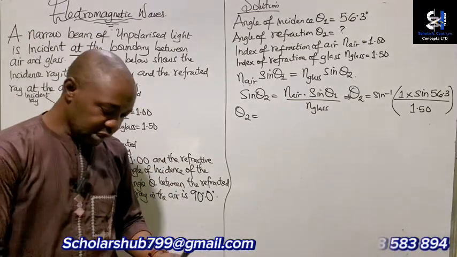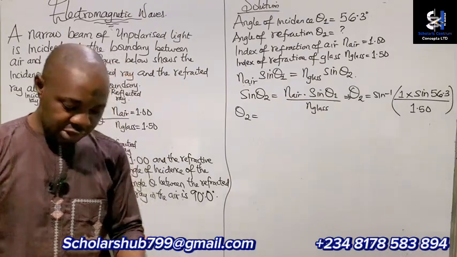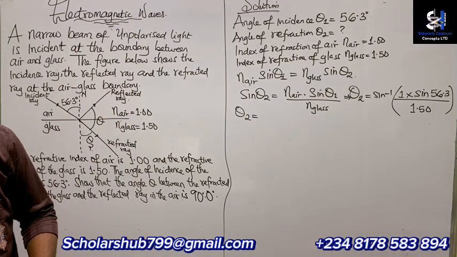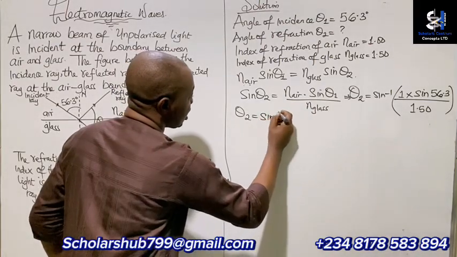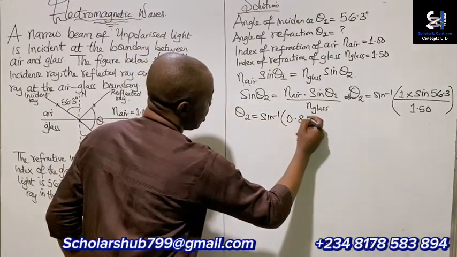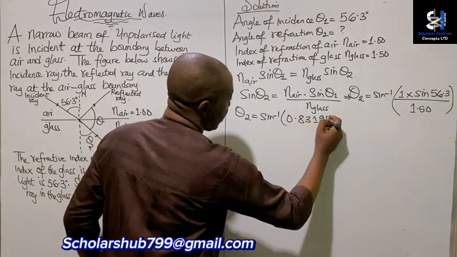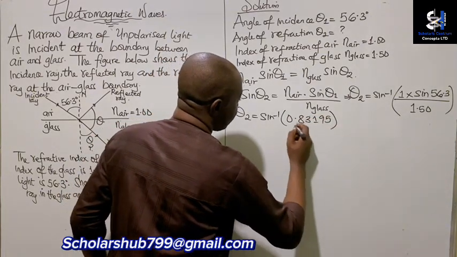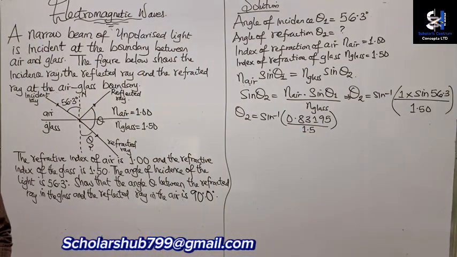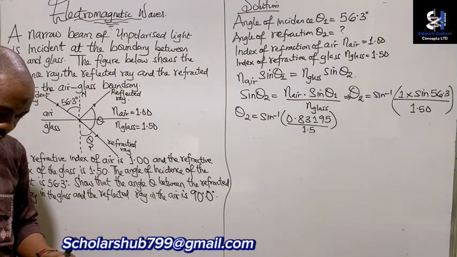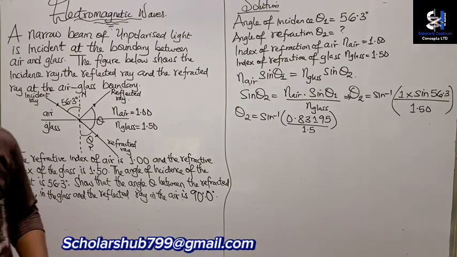Let's get sine 56.3. Sine 56.3 is 0.83195. So we have the inverse sine of 0.83195 divided by 1.5, which is 0.5546.